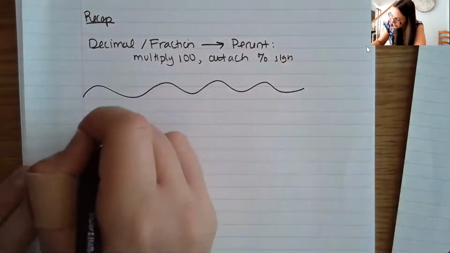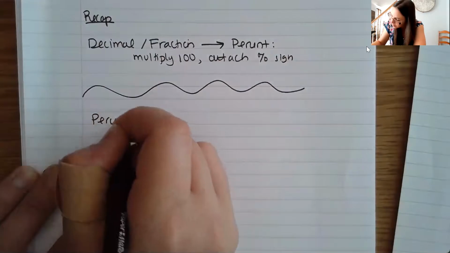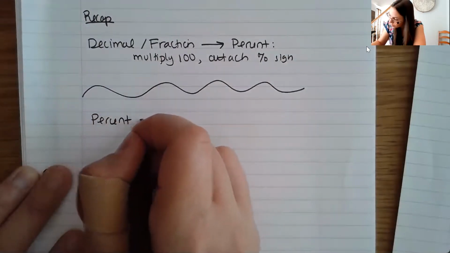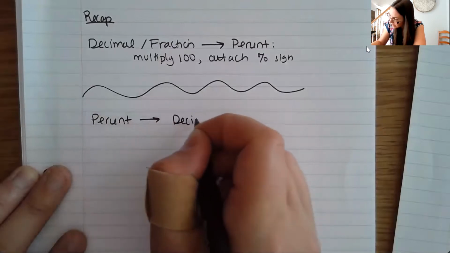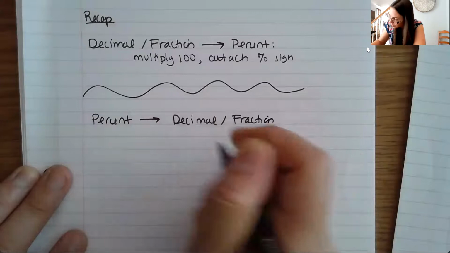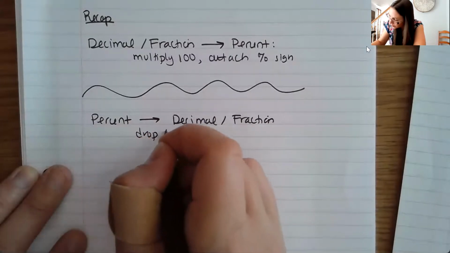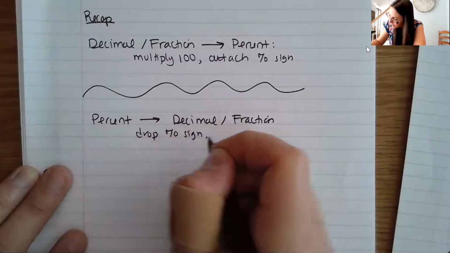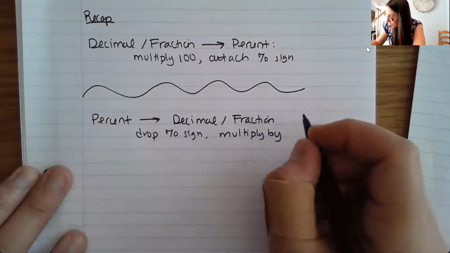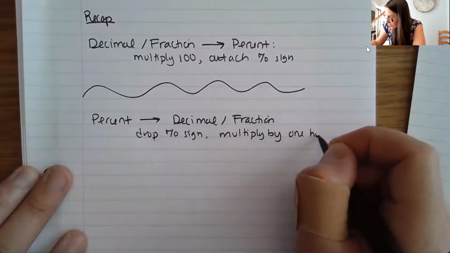If you're going from a percent to a decimal or fraction, you're going to drop the percent sign and multiply by 100th.